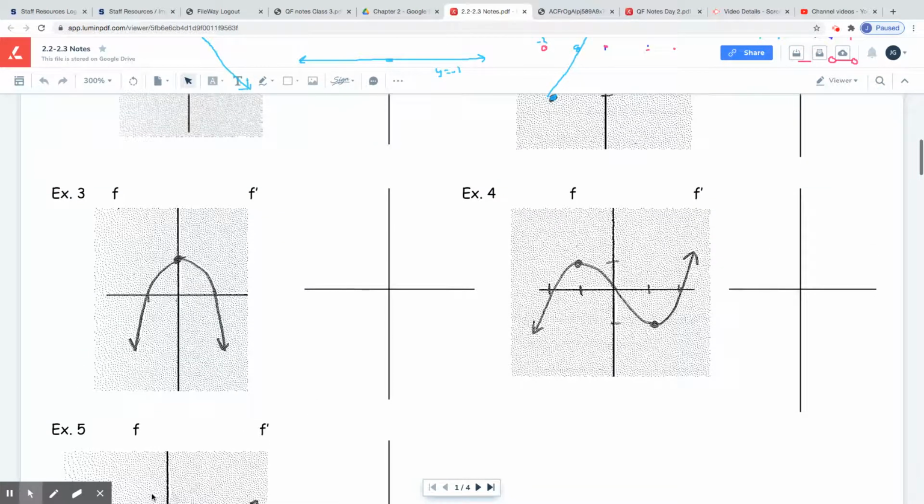So what we want to do with curved lines first, we're not going to be able to get as exact for these. We are going to locate horizontal tangents.